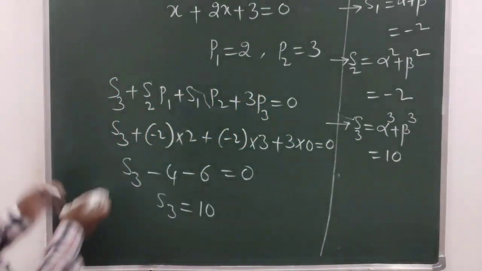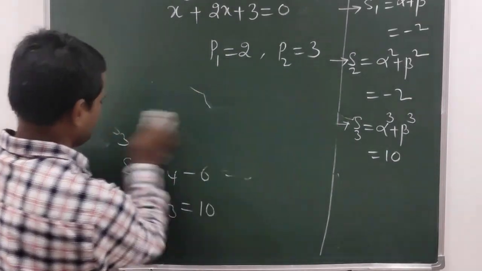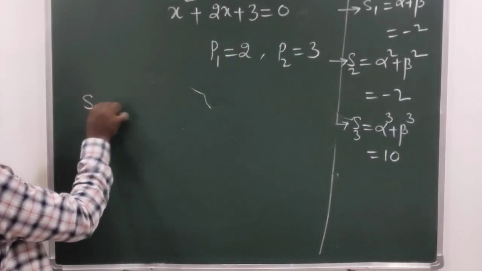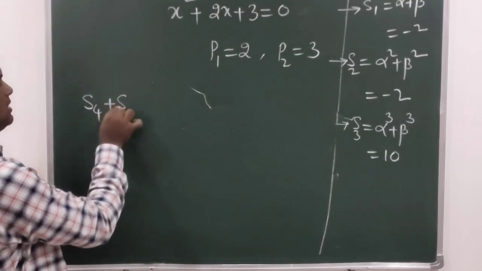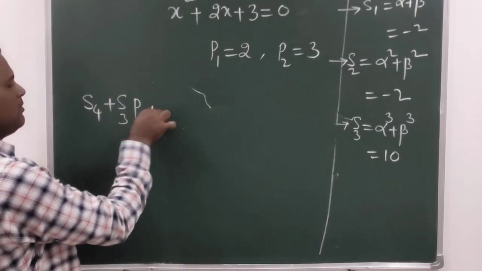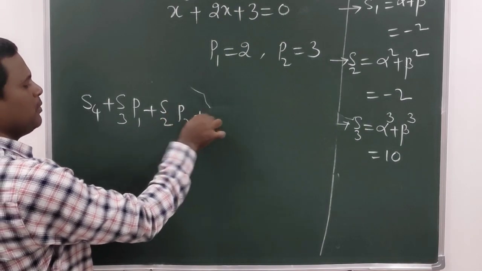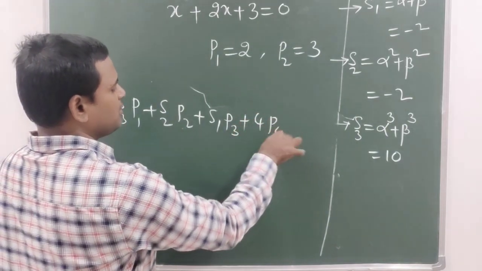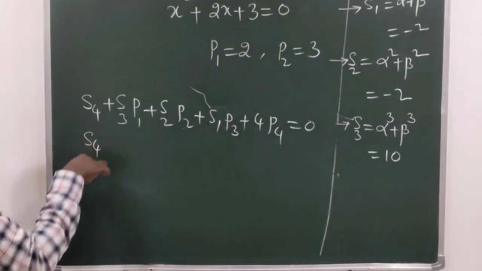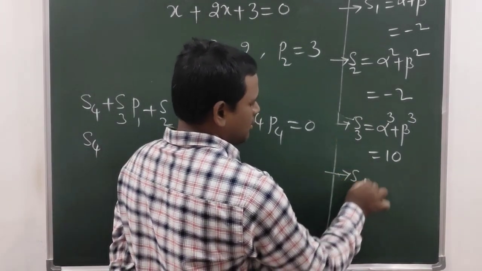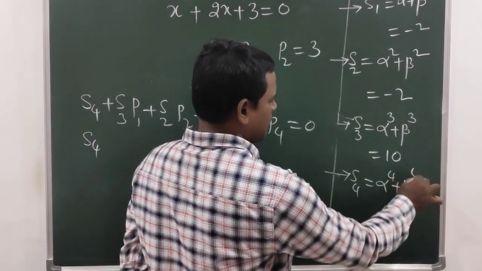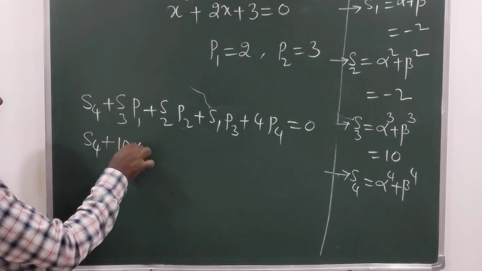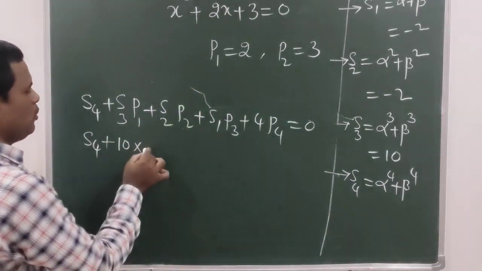Next go to S4. To find S4, we take this step: S4 plus S3 P1 plus S2 P2 plus S1 P3 plus 4P4, which is equal to 0. Now S4 means alpha power 4 plus beta power 4. S3 we have got as 10 into P1, the P1 value 2.